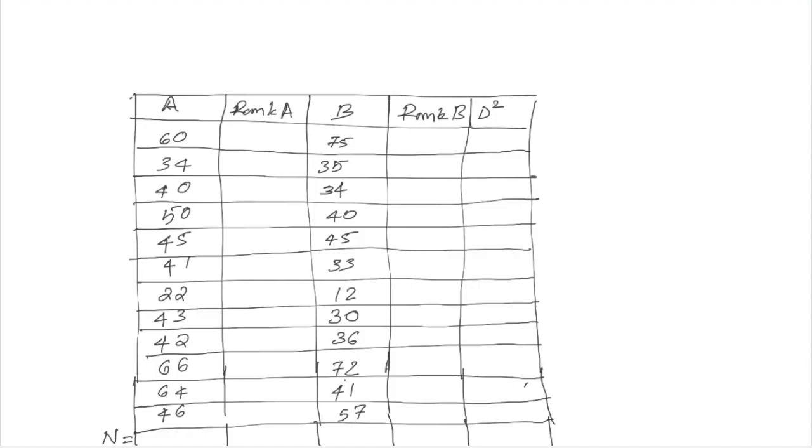So this will be first rank in case of A, then second will be 64, then third will be 60, fourth will be 50, fifth will be 46, sixth will be 45, seventh will be 43, eighth will be 42, then ninth it will be 41, 10th it is 40, 11th it is 34, and 12th it is 22.